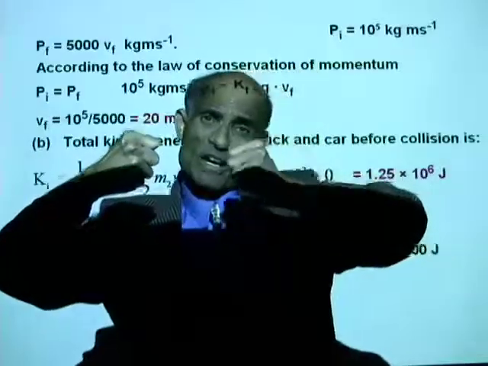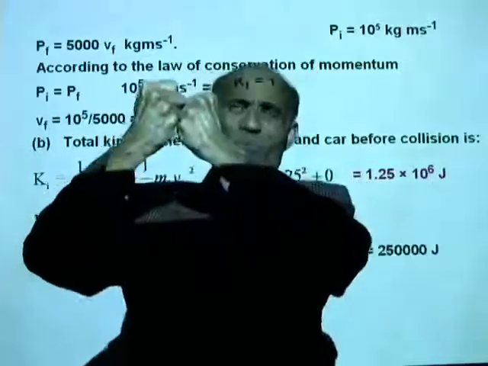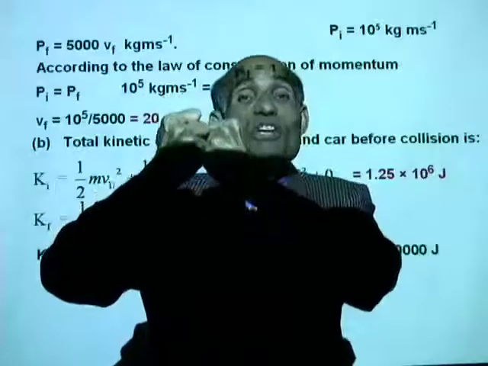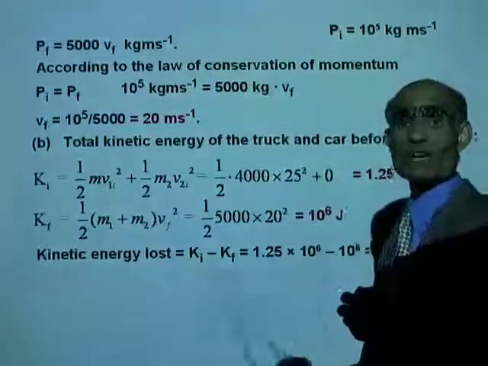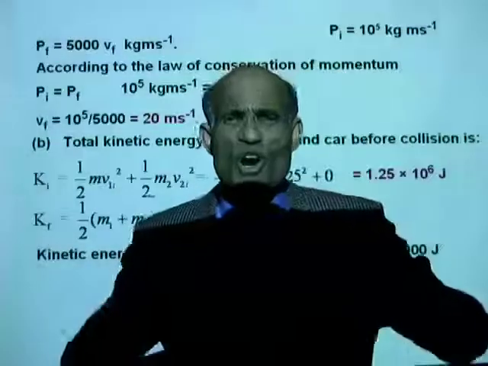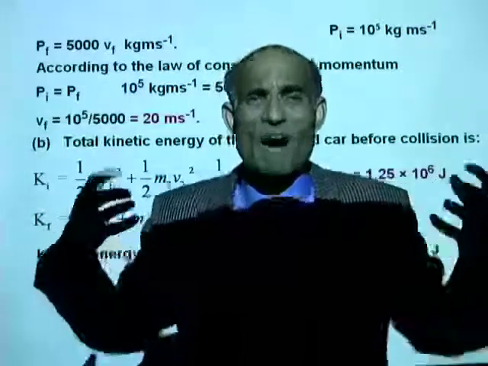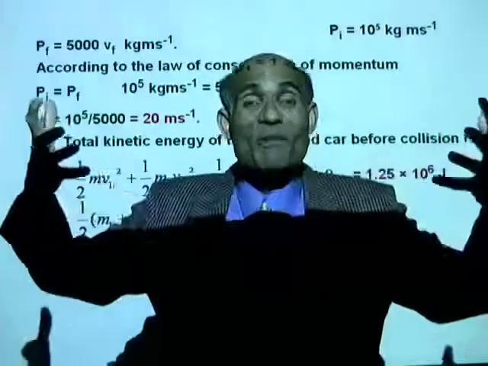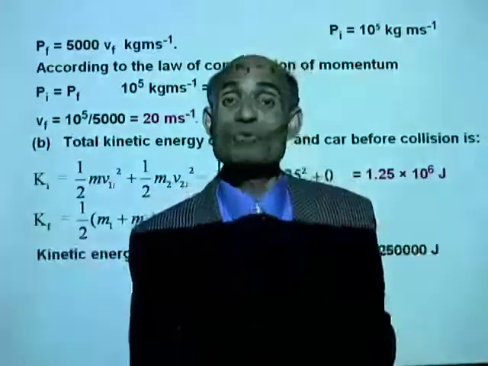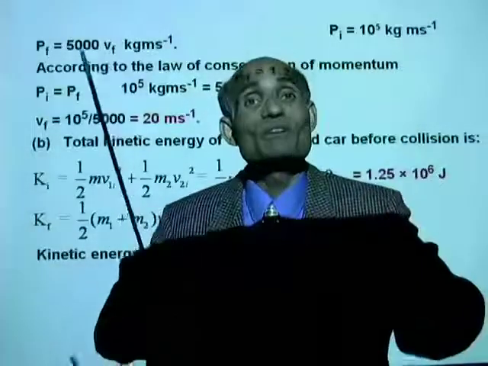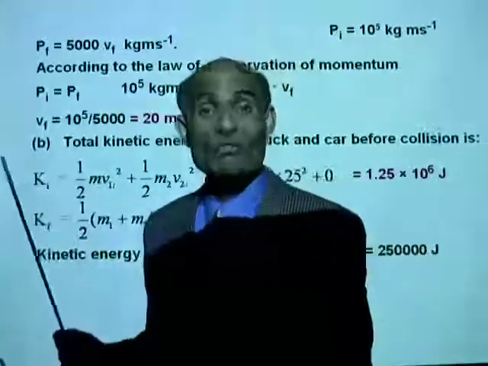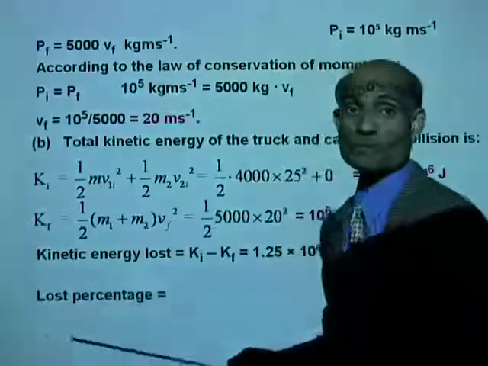The car has been squished up. The energy needed to do that work comes from this lost kinetic energy. And there is a lot of sound, vibrations, and many other forms of energy. So this lost kinetic energy is not simply lost, it's being converted to other forms of energy.